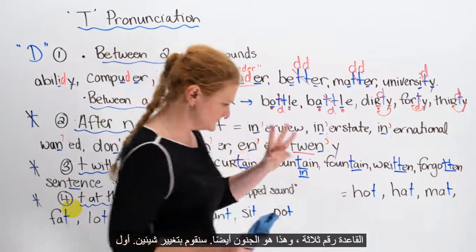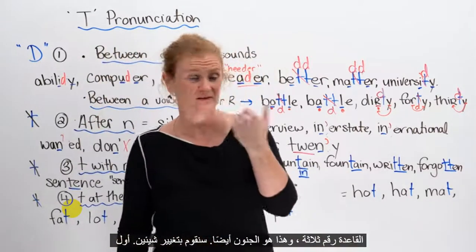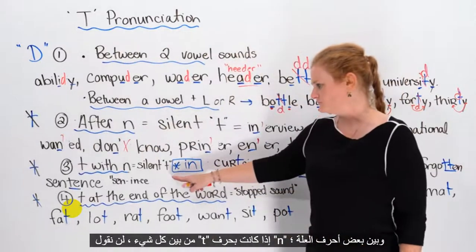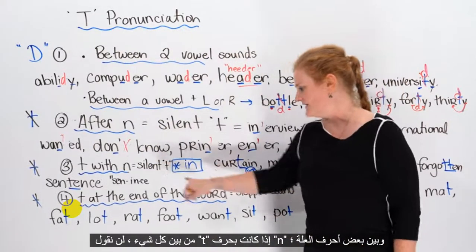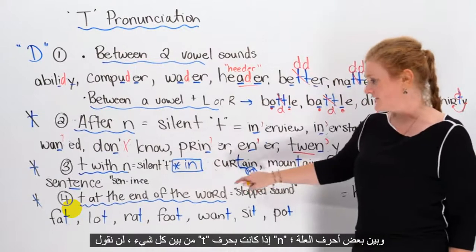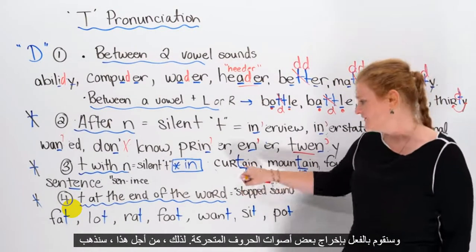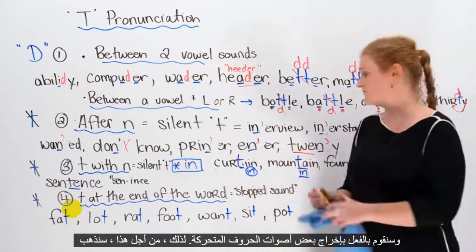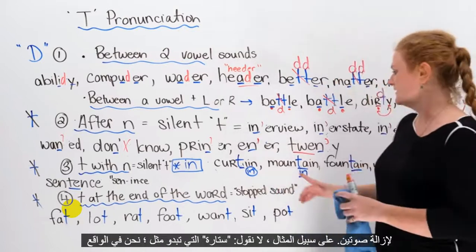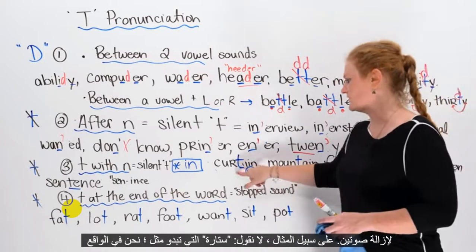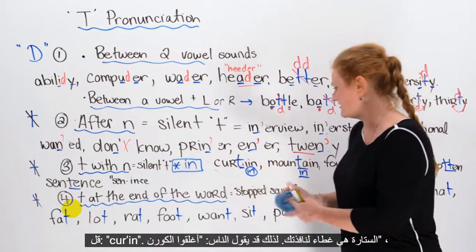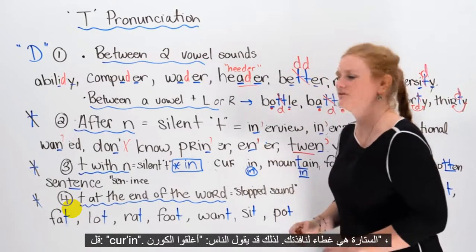Rule number 3. And this one's crazy as well. We're going to change 2 things. First of all, we are not going to say the T if it is with an N and between some vowels. And we're going to actually take out some vowel sounds. So for this one, we're going to remove 2 sounds. As an example, we don't say curtain, which it looks like, we actually say curtain.